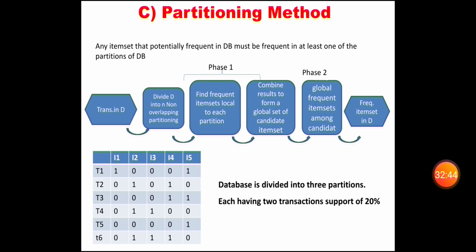Each and every time we have to be very clear about whether this value satisfies the minimum support, that is the 20%. If the item count is 1, the support will be 1, so it must be present one time. If it is 2, it must be present 2 times.